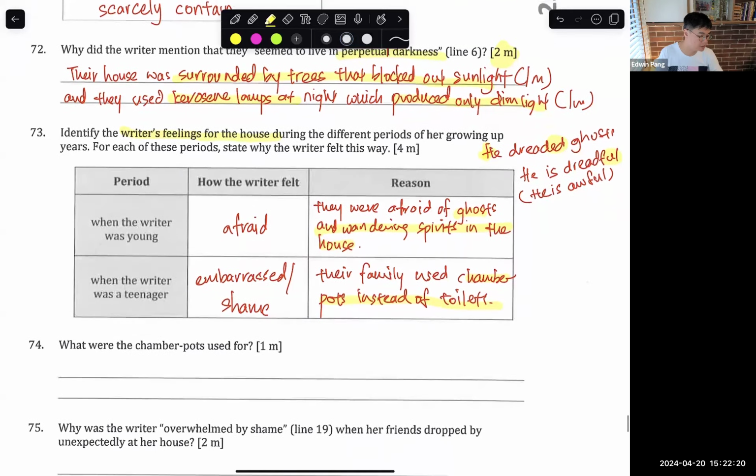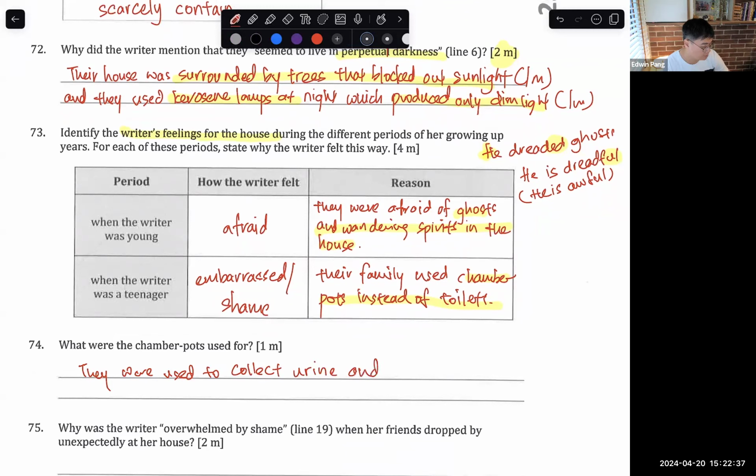Okay, next, what were the chamber pots used for? Very obviously, the chamber pots were used to collect, please use the correct terms, urine and excrement. Please don't use pee and poop. Okay, if you use pee and poop, zero marks.